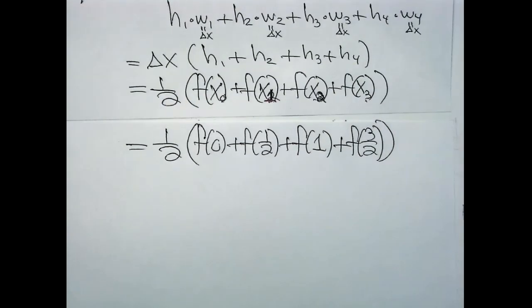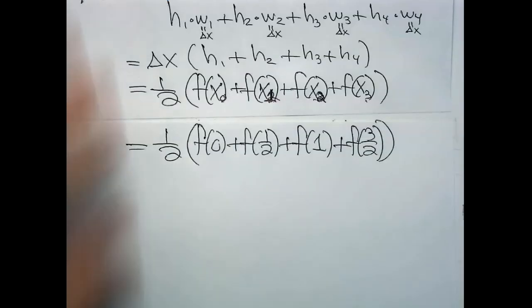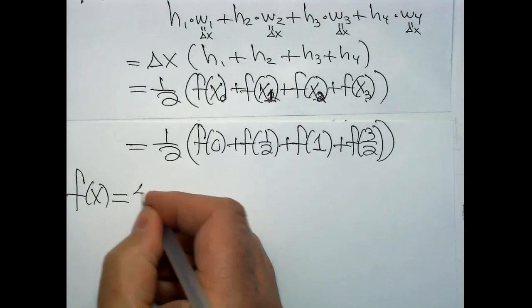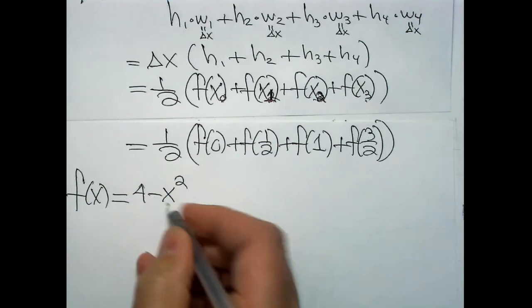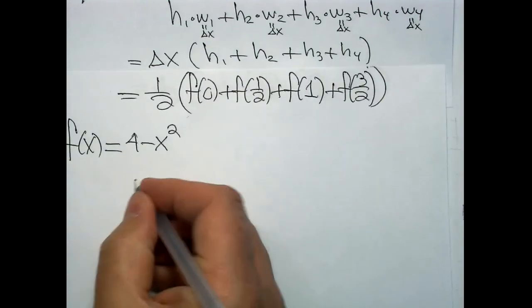Now, at this stage of the game, I did say be careful and don't forget that you've got to execute your function, right? So let's not forget to execute the function. So our function, just as a reminder, was 4 minus x squared. Let's not forget to actually execute that. So let's see what we got.